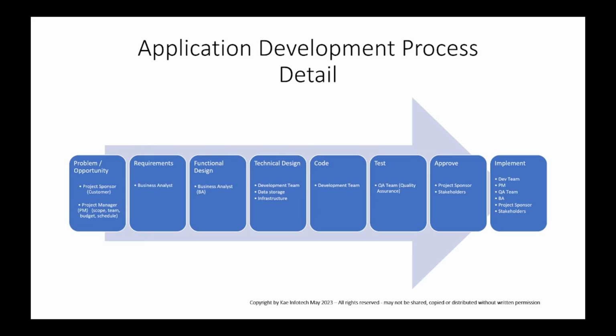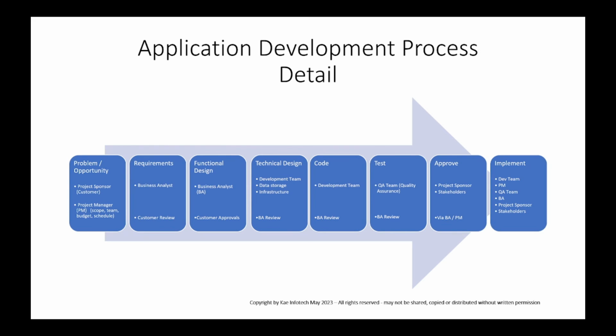The tech team will come up with the technical design, and the BA will review that. Same thing with the code and the testing, the approvals to the customer and other stakeholders, that happens through the BA and the project manager. So this is the application development process, one step after the other.